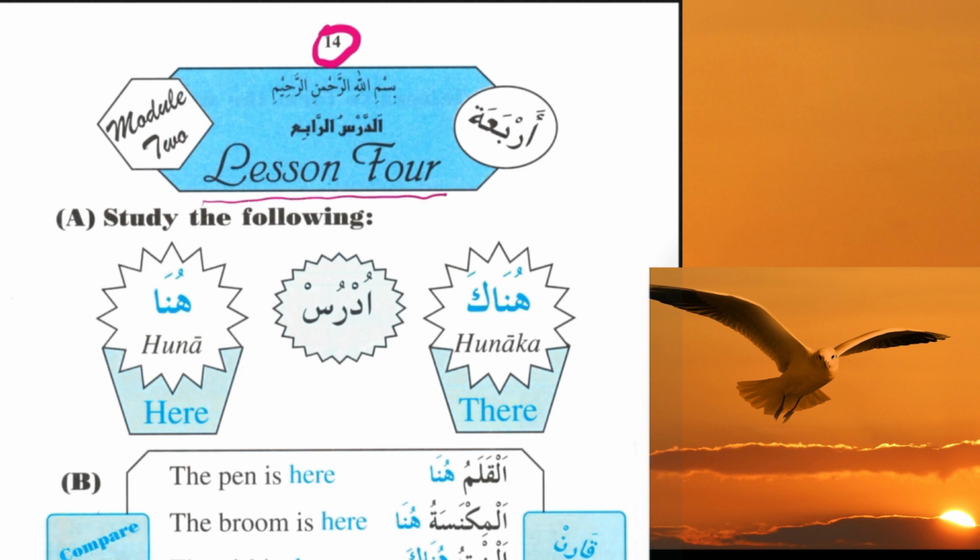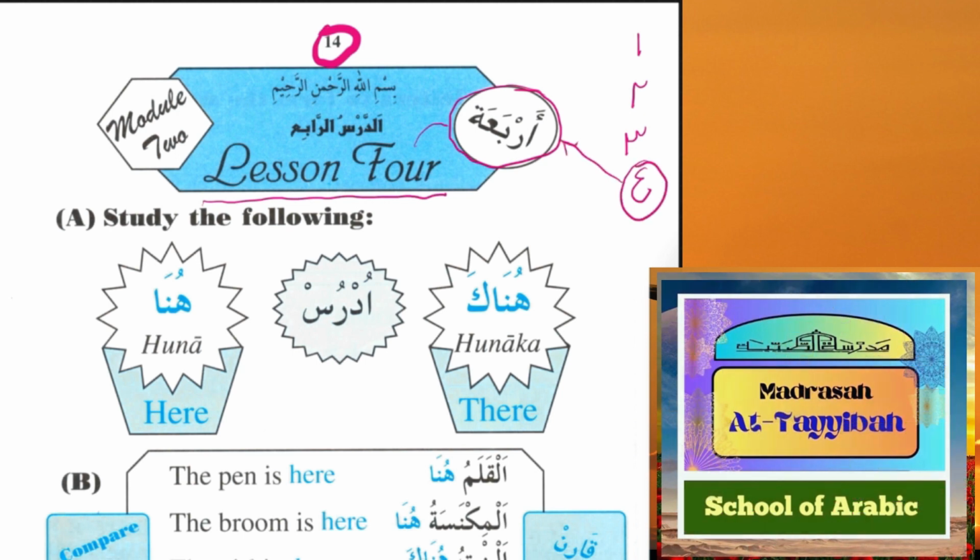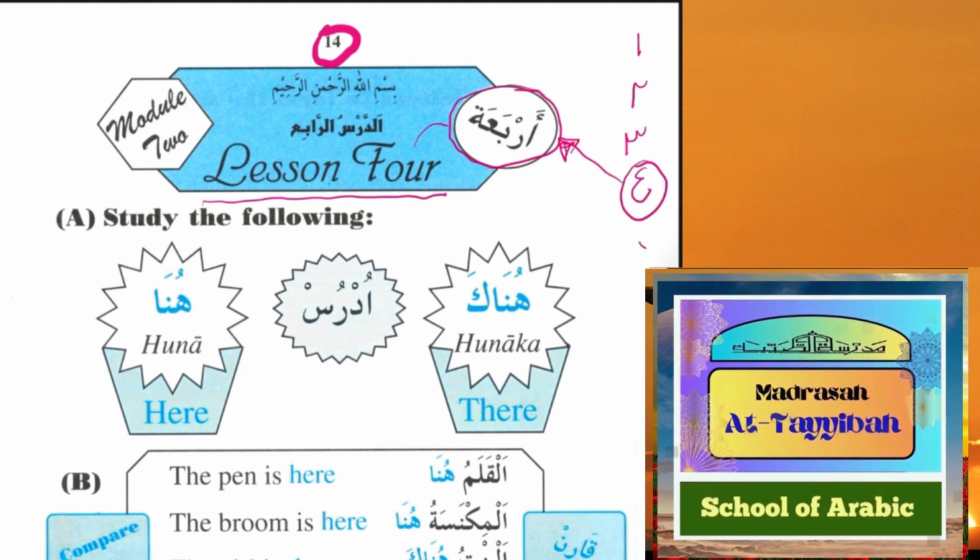The word for four in Arabic is arba'ah. So we will say واحد اثنان ثلاثة أربعة. Arba'a is 4, and of course khamsa would be 5.